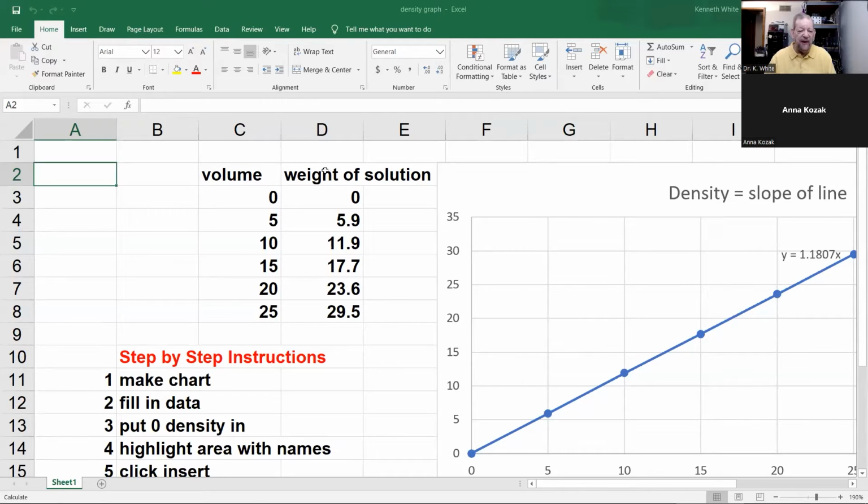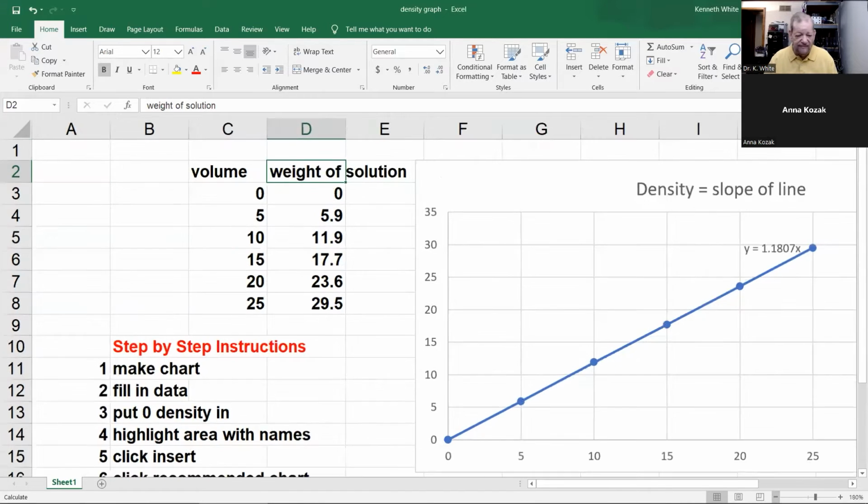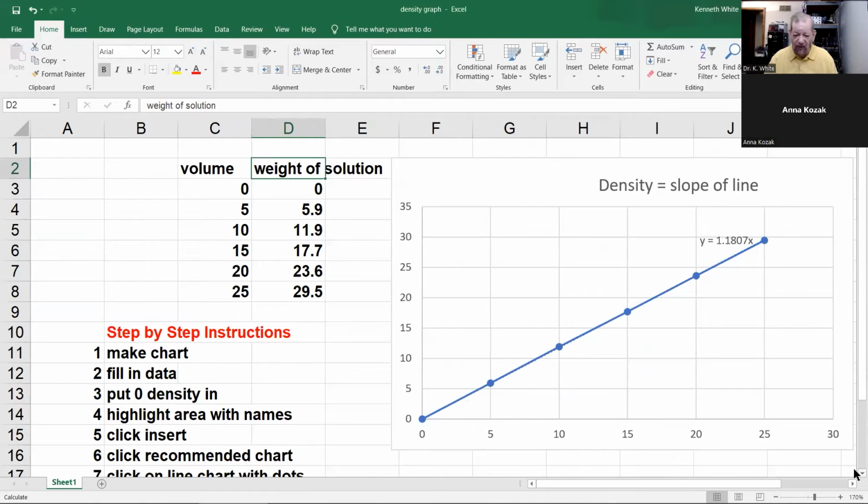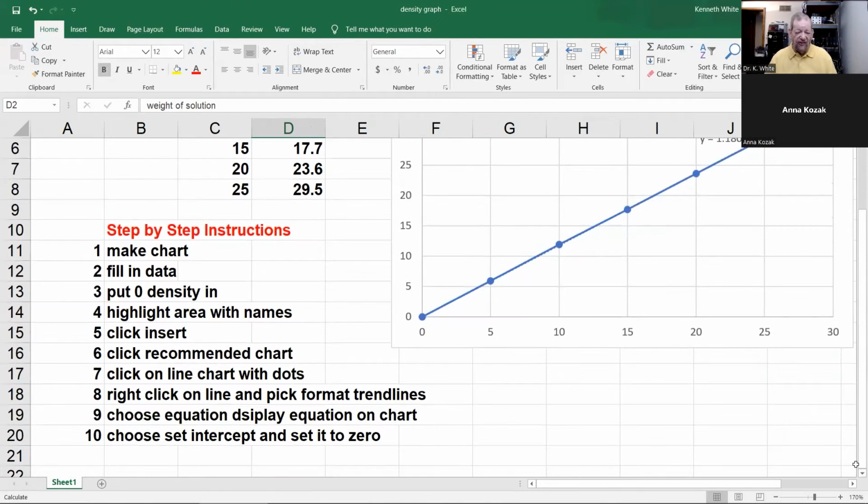The mistake I made was where it says weight of the solution. Yesterday I had density. No, it should have been weight of the solution. That's the only mistake. The step-by-step right here is correct. And this is the way you do the different graphs for yesterday's lab.